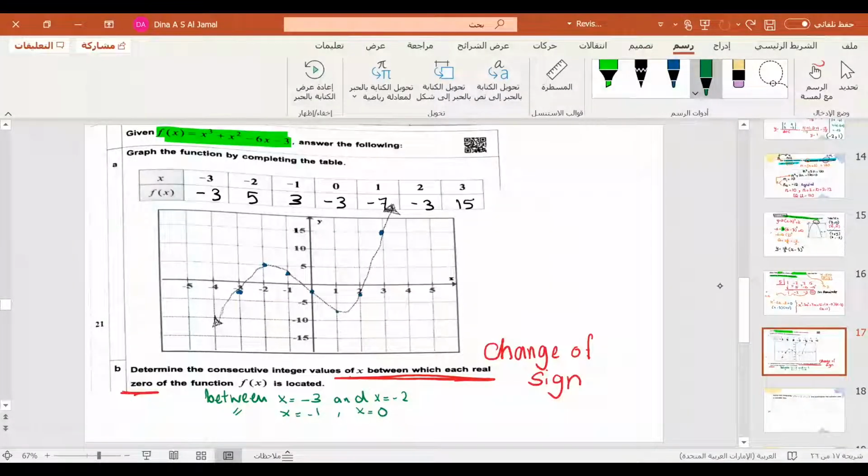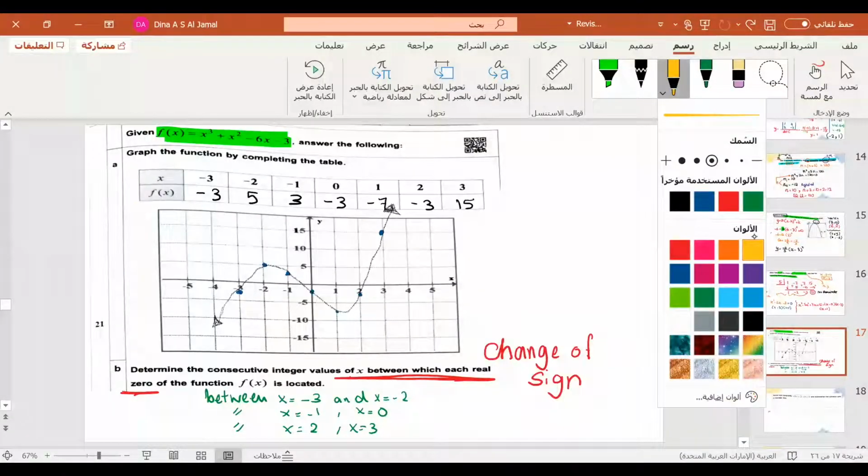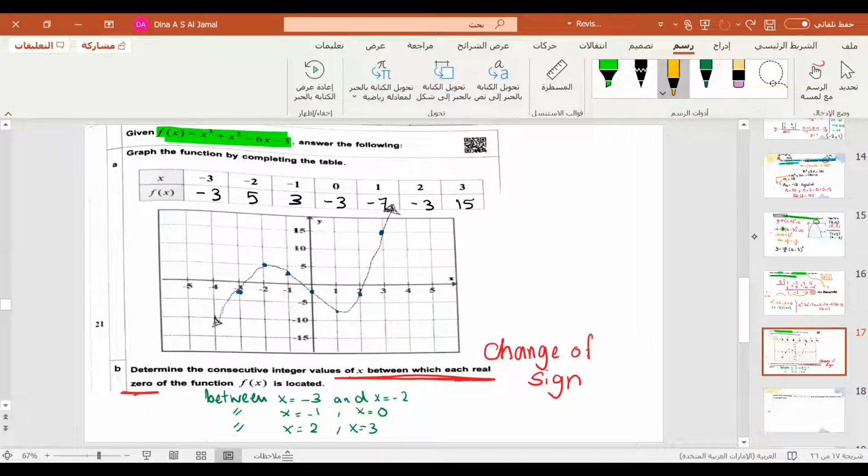So it is all negative, then it becomes positive, so it is between x equals 2 and x equals 3. And you can get it also using your table, and you can watch the video of analyzing the polynomials that I put previously.